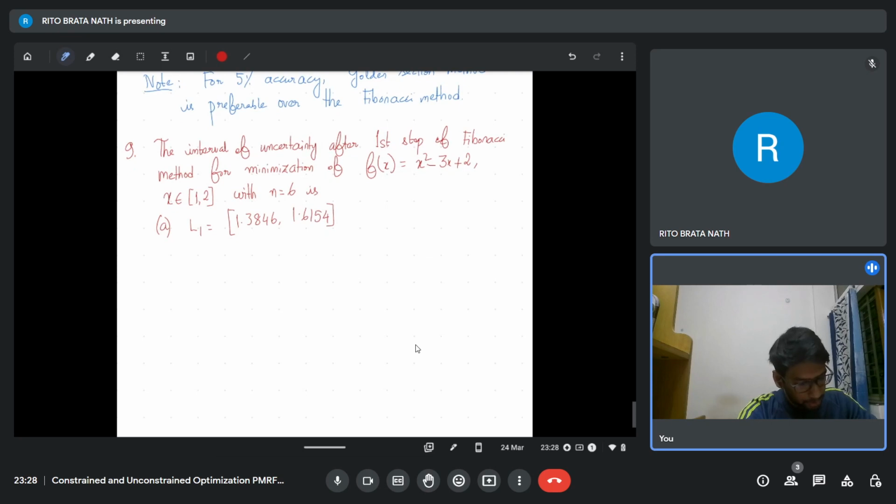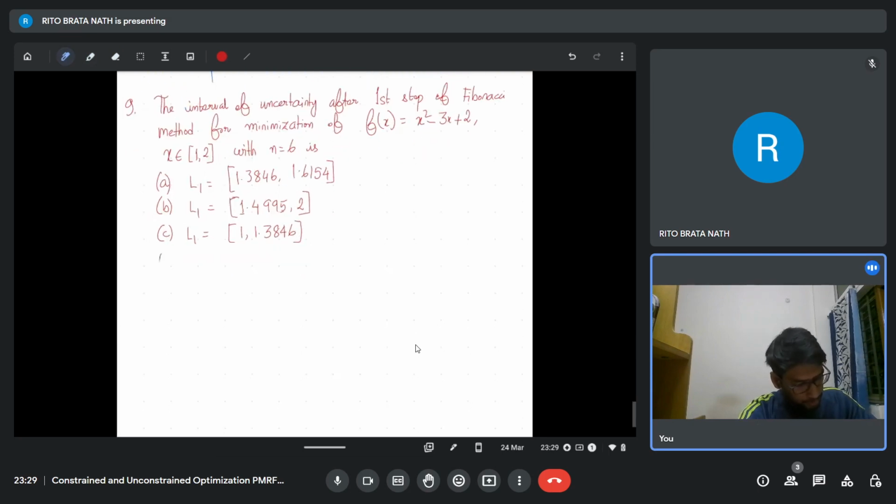Option B is L1 equals [1.4995, 2]. Option C is L1 equals [1, 1.3846]. And finally option D, which is L1 equals [1.3846, 2].